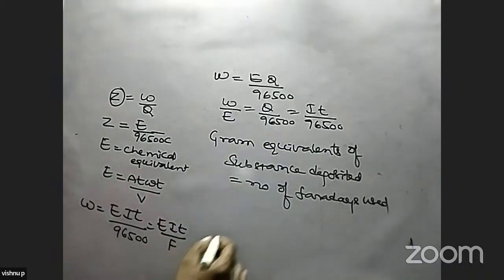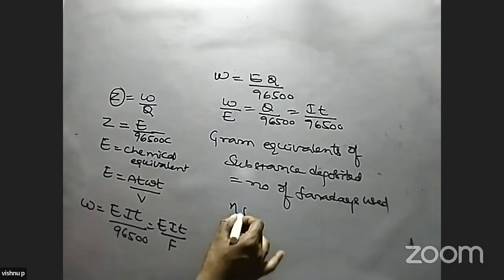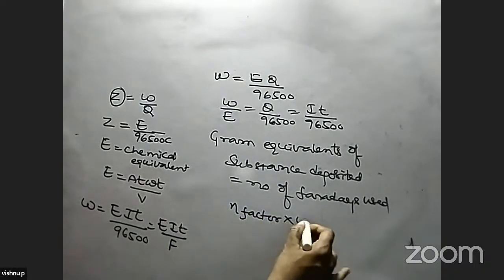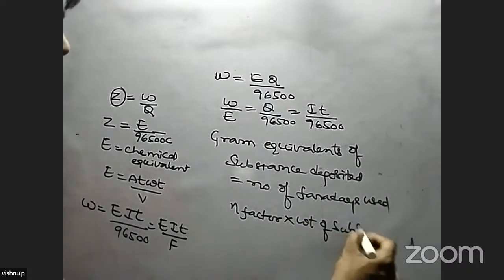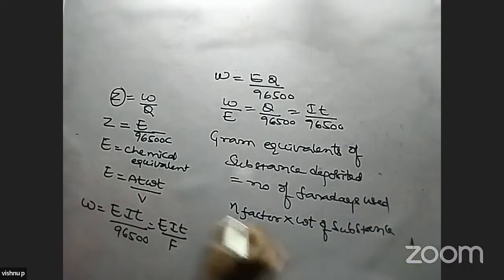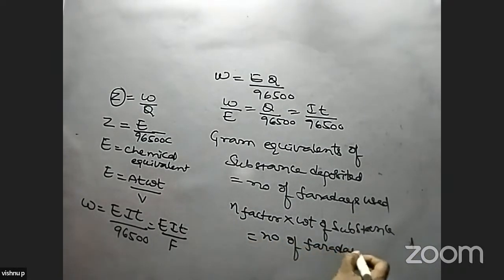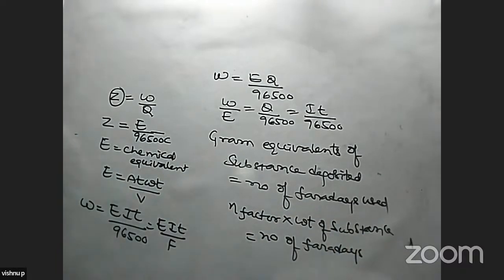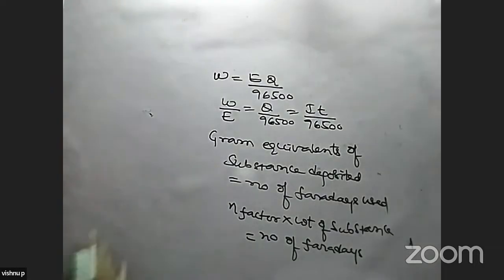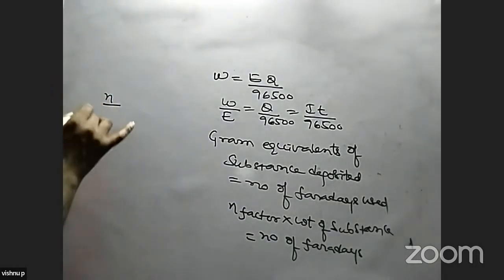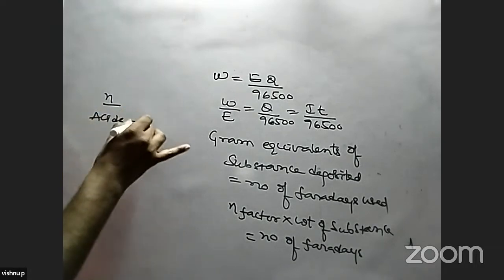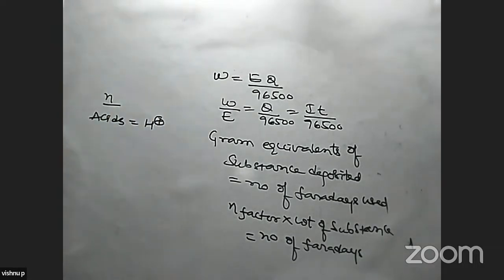Once again, number of gram equivalents of substance is equal to n factor into weight of substance. Weight of substance is equal to number of Faradays. What is n factor? In case of acids, it is the basicity of the acid, the number of displaceable H plus.